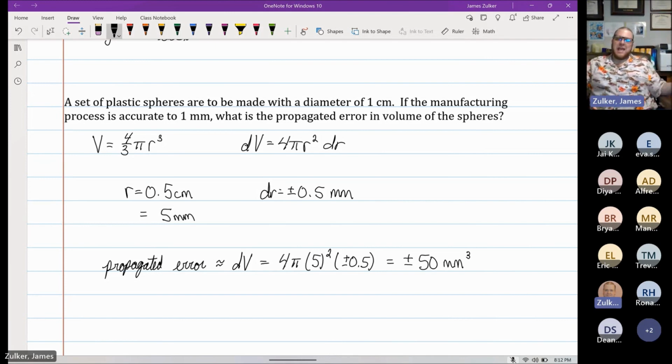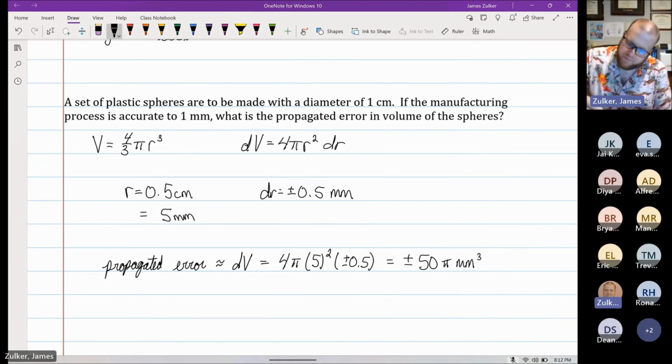So the volume is going to have an error of plus or minus 50 cubic millimeters. No, 50 pi. Where did I just drop the pi?